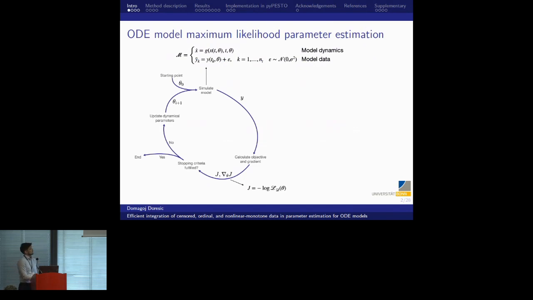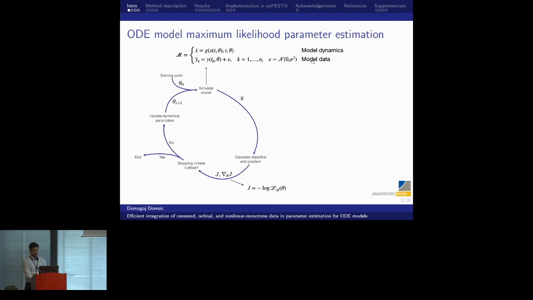So I'm going to start with the ODE model maximum likelihood parameter estimation workflow. We already saw this in this session a couple of times. We have some kind of a model that has state variables, which can be concentrations, or in population dynamics, compartments of population. And we have some unknown parameters, the dynamical parameters that we would like to estimate and retrieve.